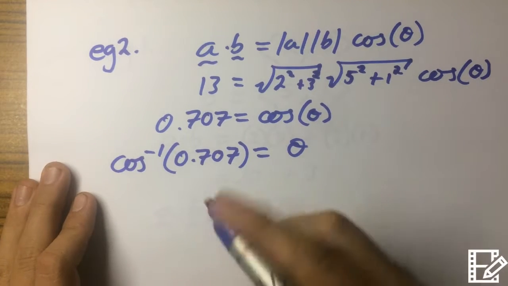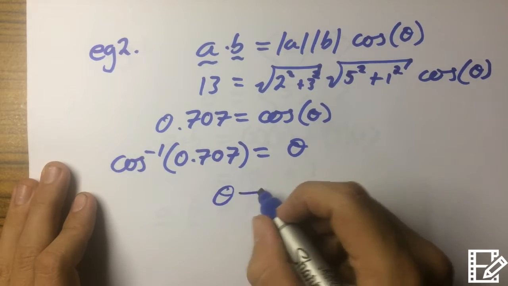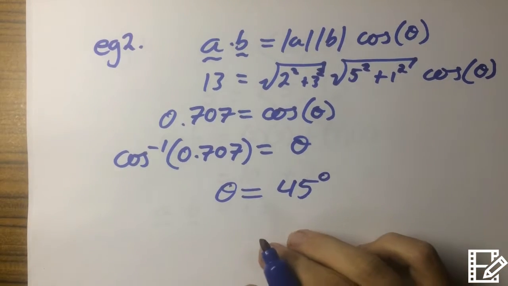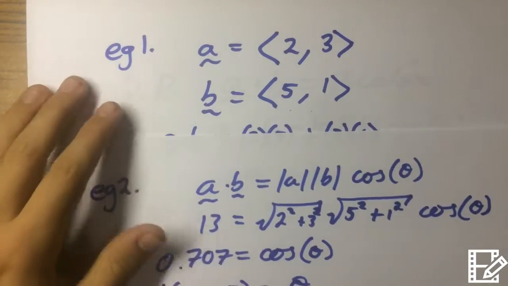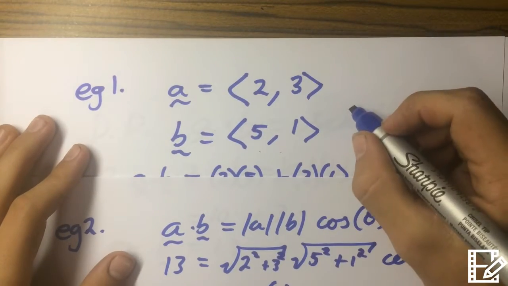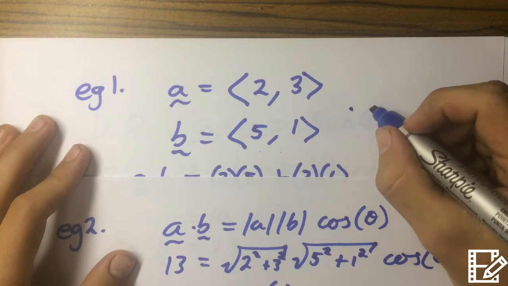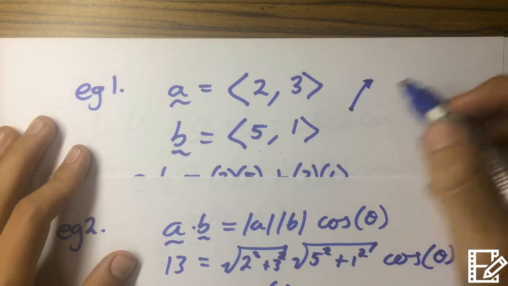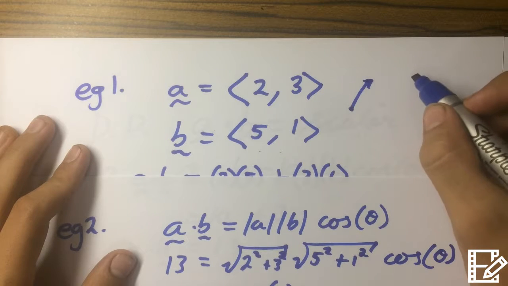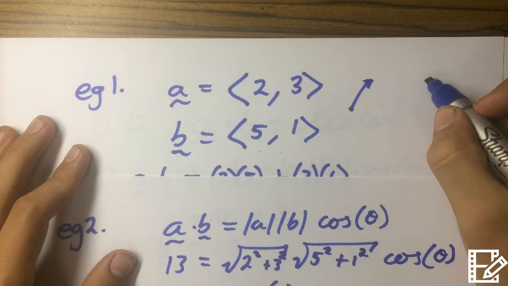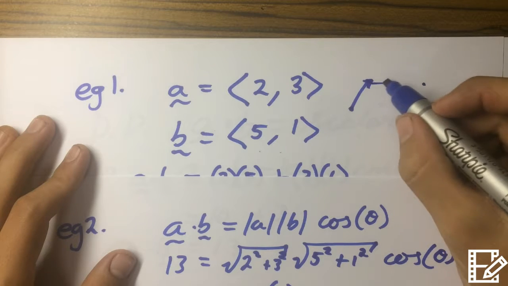And if we put that into our calculator, theta equals 45 degrees, which makes sense because here a is going across 2 and up 3, so it'll go up here somewhere, and then b is going across 5 and then down 1, so it'll probably be over here somewhere.